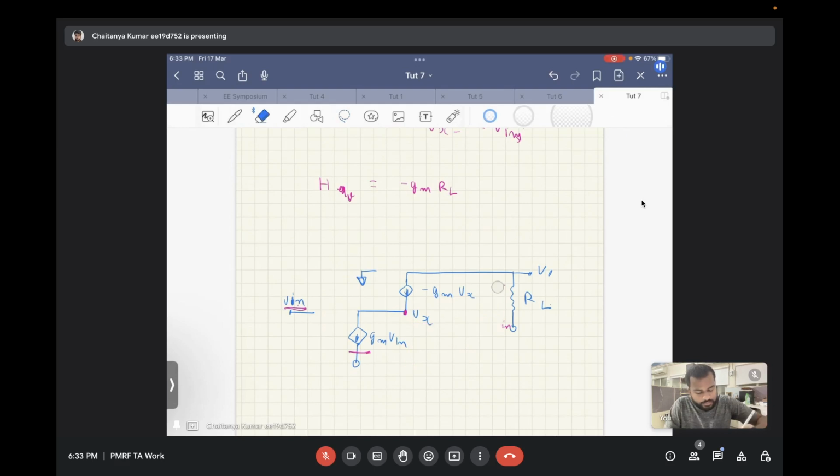So we will find the noises one by one. Since this is a linear circuit, superposition is valid.